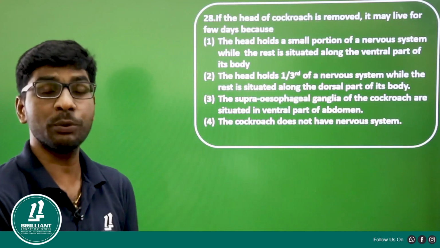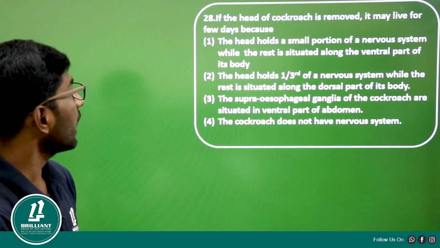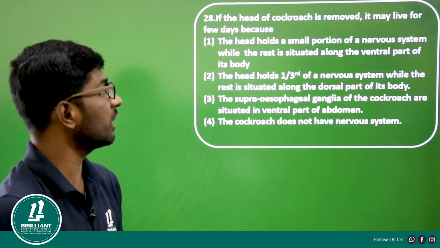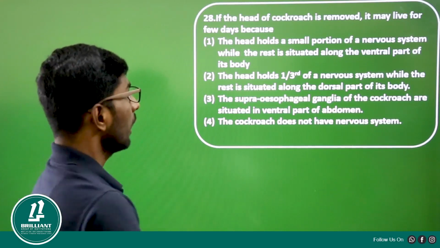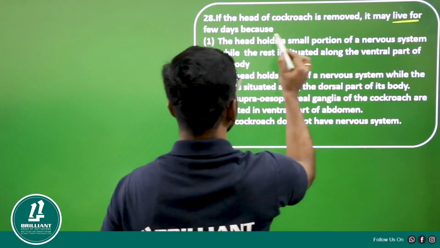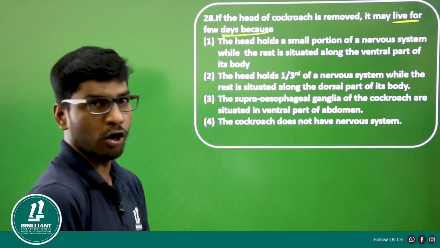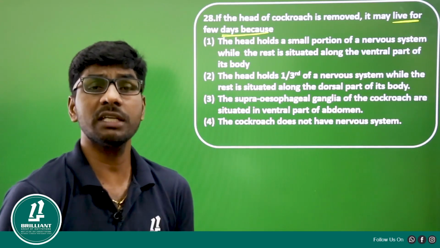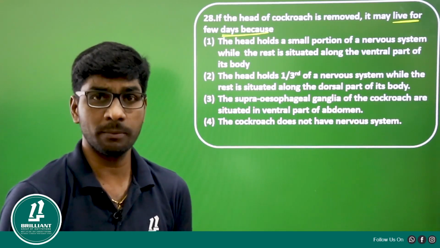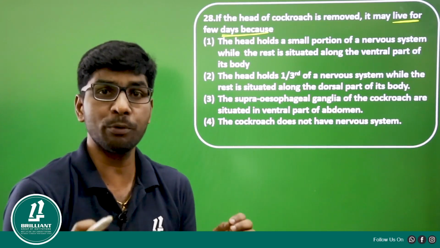Look at the next question, 28th question. If the head of cockroach is removed, it may live for few days because if you look at the central nervous system of cockroach, it has 2 portions.